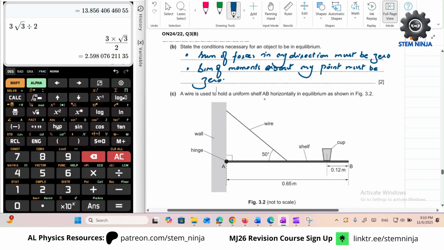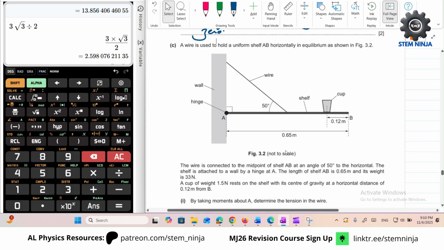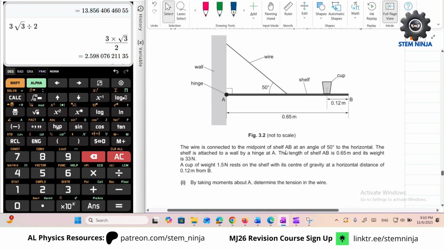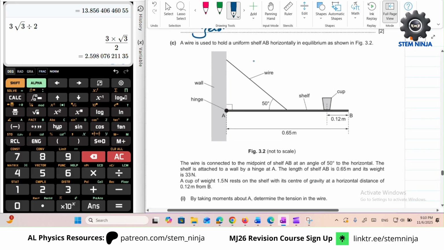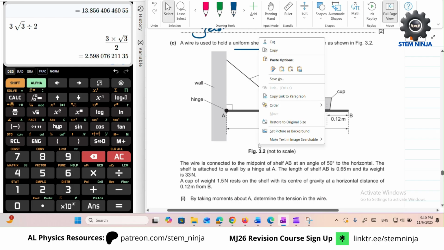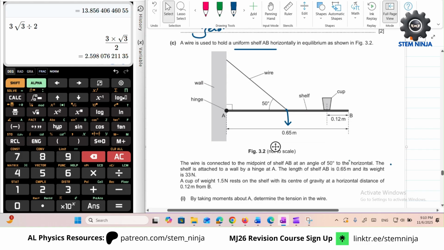A wire is used to hold a uniform shelf AB horizontally in equilibrium as shown. The wire is connected to the midpoint of the shelf AB, and this is a uniform shelf, so that means this is the point where the weight acts. The wire is angled at 50 degrees to the horizontal.